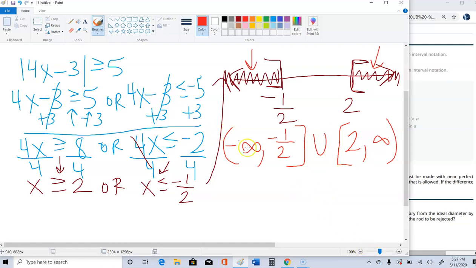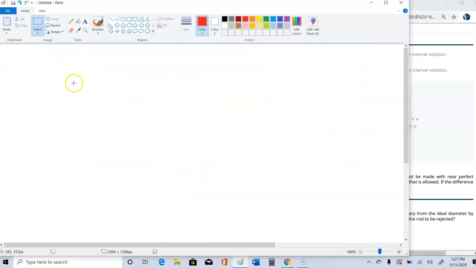Let's look at another example involving greater than. The next example, we have the absolute value of 8x plus 7 is greater than positive 1.